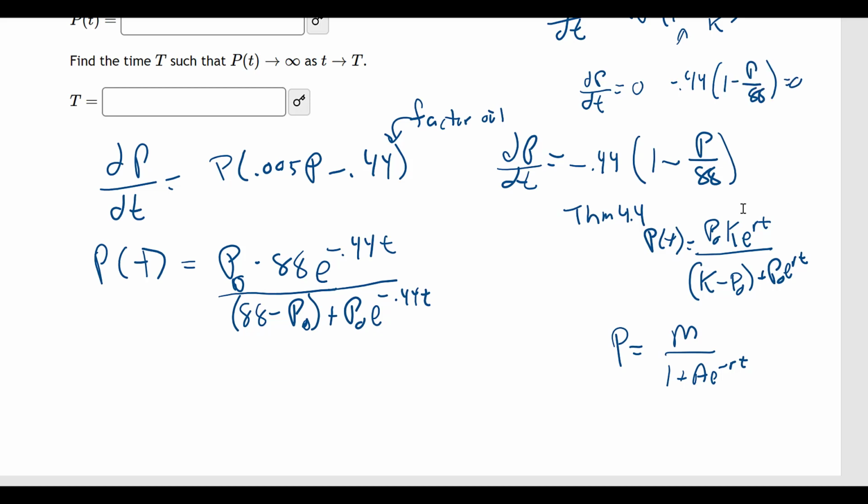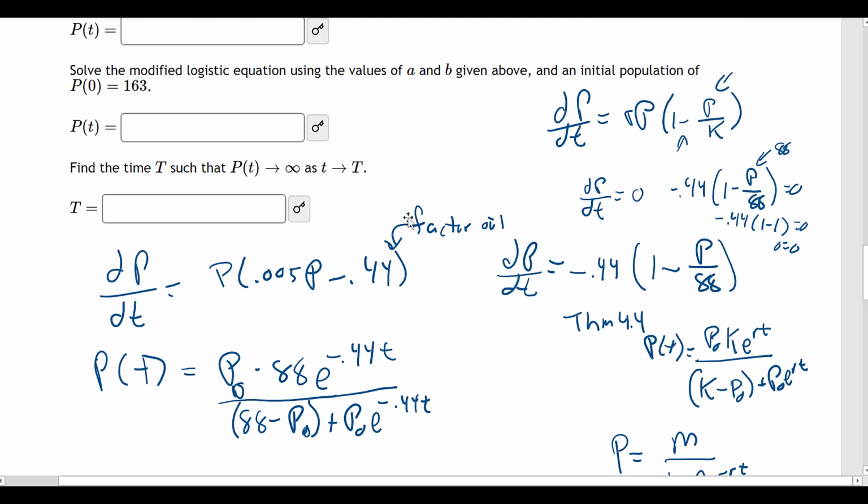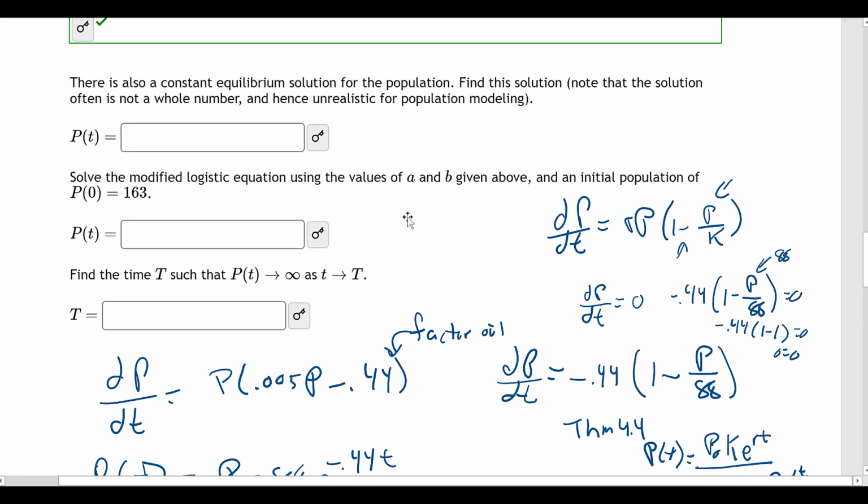I hope it's pretty clear to see that if you set P equal to 88, then you'd have negative 0.44 times 1 minus 1 equals 0. So 0 equals 0. So 88 is the carrying capacity, the equilibrium. So that's what this answer here is, 88.